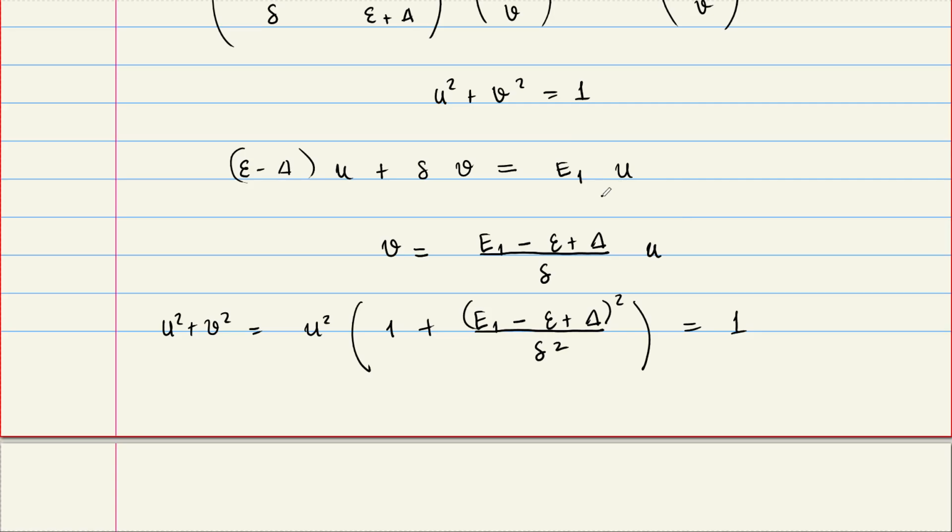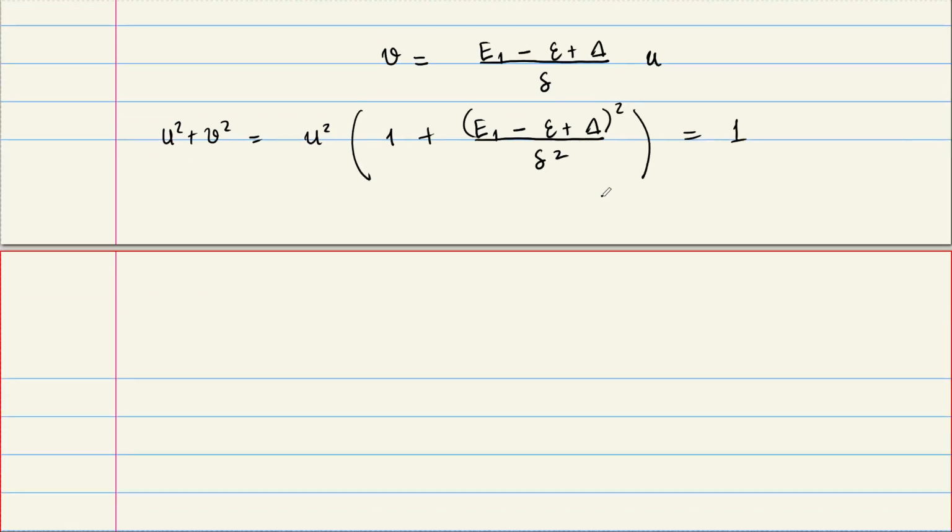But I want to show you a little trick to write it nicely. This thing is going to give us U squared equal to delta squared divided by, right, I take the delta squared here, and I need to have here delta squared plus E1 minus epsilon plus delta squared.